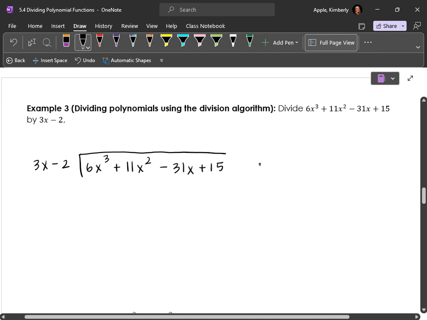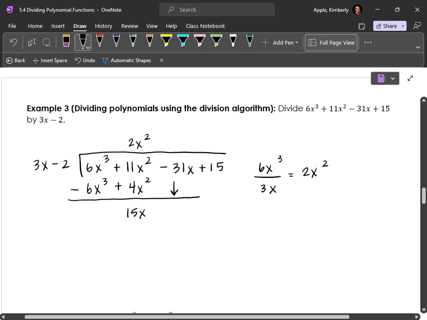So I'm going to divide the first into the first. And that's going to give me 2x squared. So I'm going to put that here, 2x squared. Then multiplying, I'll have 6x cubed minus 4x squared. And we'll subtract and bring down, and that'll leave me with 15x squared minus 31x.